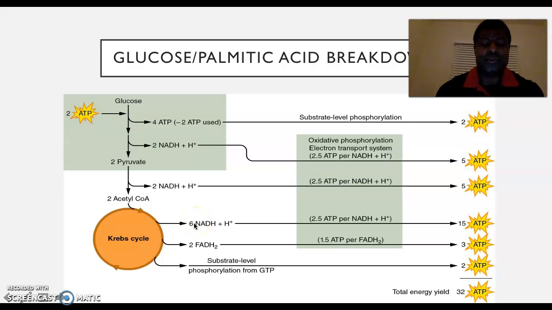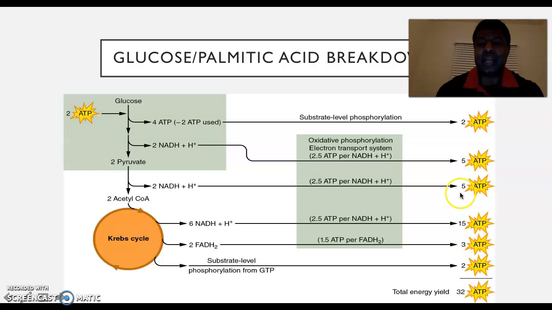But once again, you're also creating ATP from the combination of hydrogen ions with NAD and FAD. So 2 total spins or turns in the Krebs cycle produces 6 of the NAD enzyme being combined with hydrogen ions, and that's multiplied by 2.5. And then the 2 turns in the Krebs cycle will produce 2 FAD enzyme and hydrogen ion combinations, and that will give you 1.5 ATP.